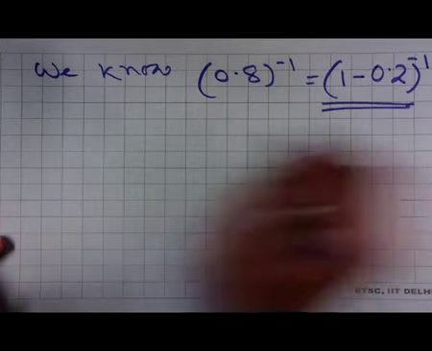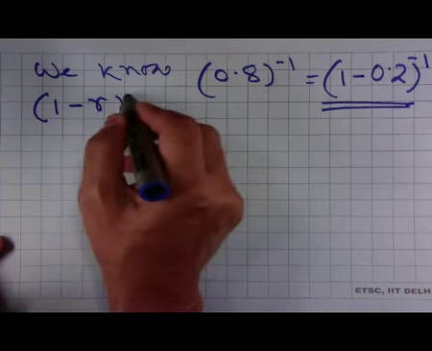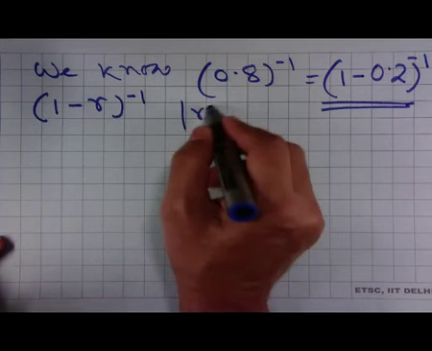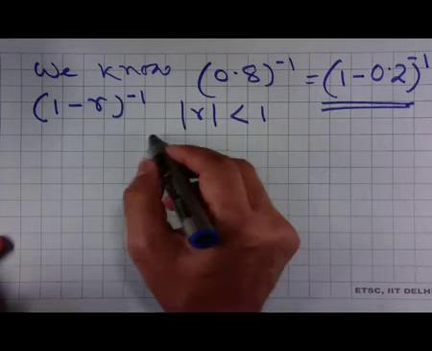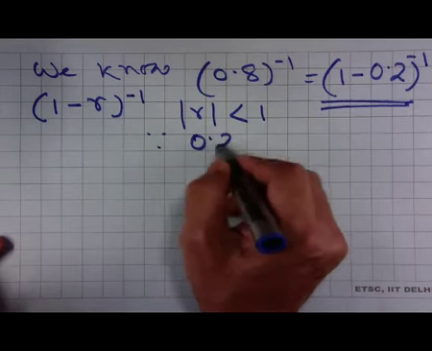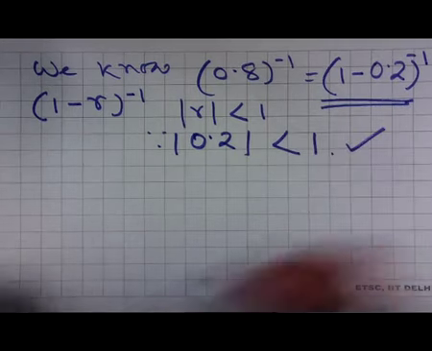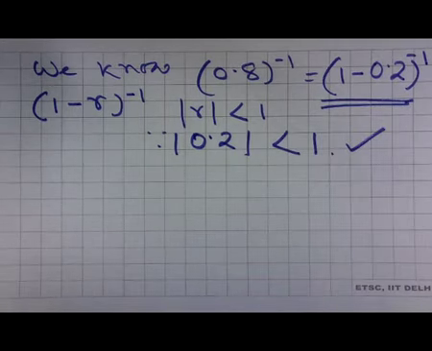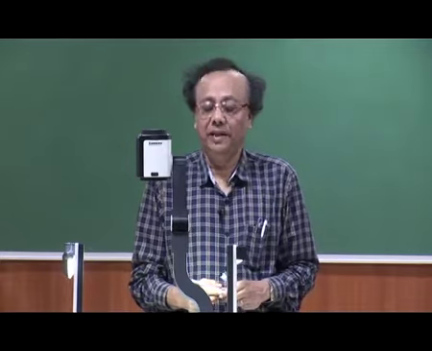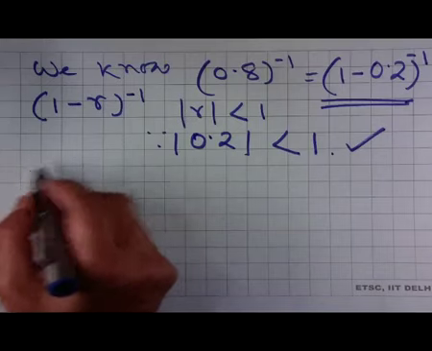So, this comes of the form (1 minus r) to the power minus 1, where modulus of r is less than 1, since modulus of 0.2 is less than 1. So, this condition is satisfied. Therefore, we can expand it with the series expansion that we have seen at the beginning. So, let us try whether it holds good or not.